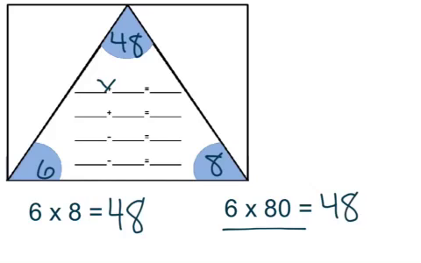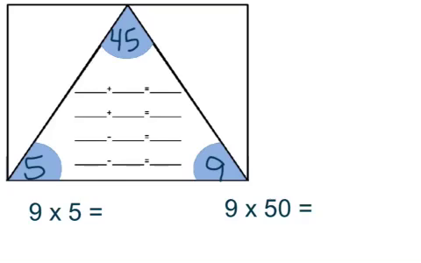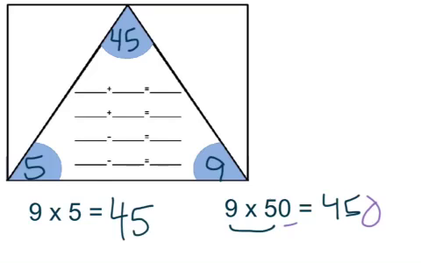We can add that 48 and then bring our 0 right on over to get us to 480. Same thing if we did this one, we could do 9 times 5, which equals 45. And then we can bring that 0 right on over to get 450.